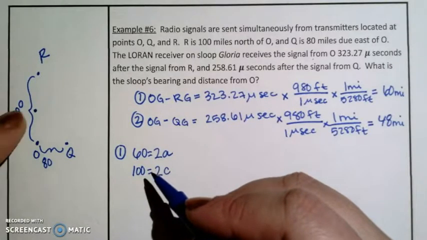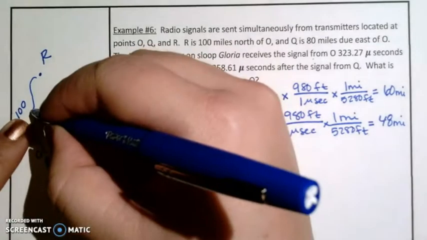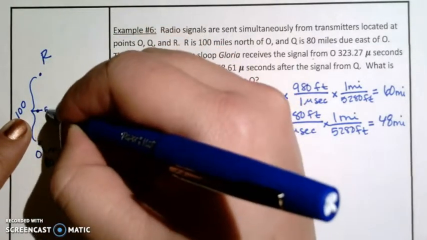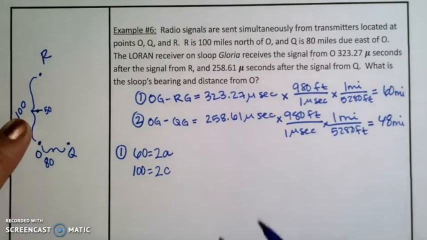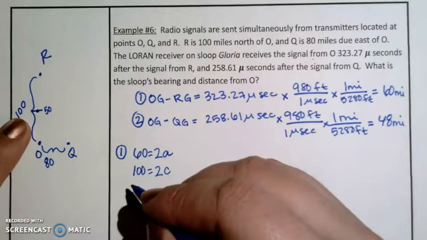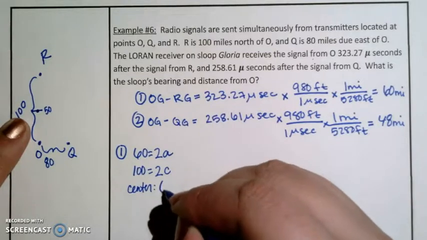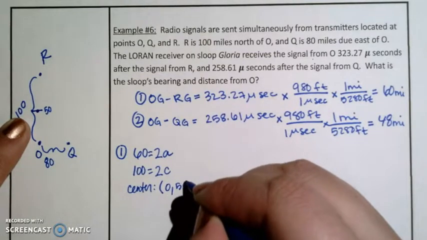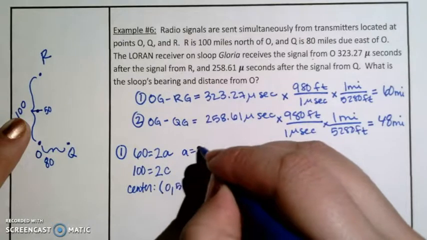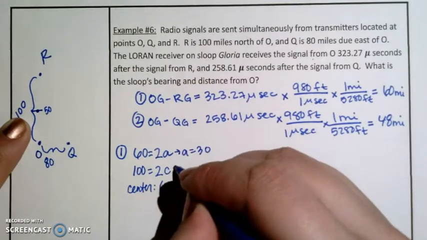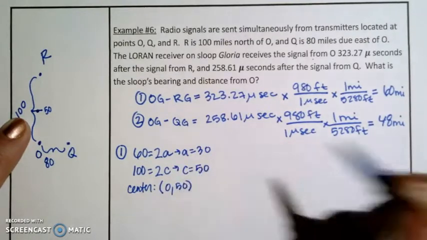Our center of our hyperbola is halfway between O and R, so that's 50. So our center is at 0, 50. a equals 30 and c equals 50.